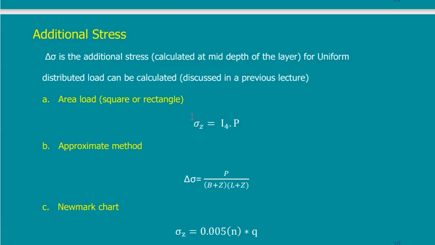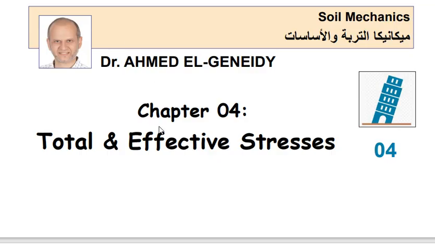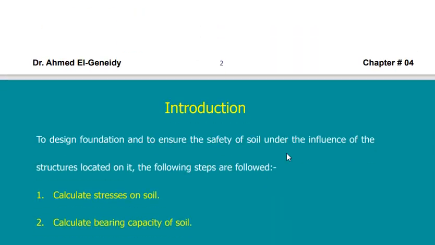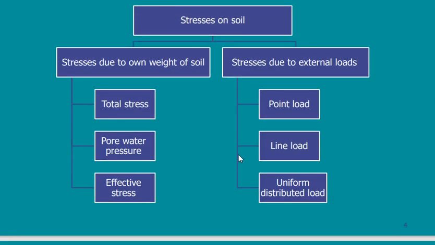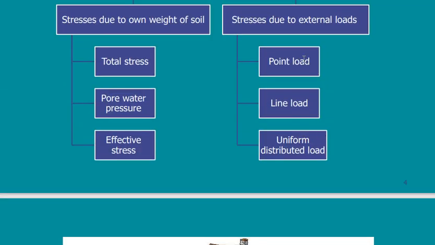You remember that in chapter 4, total and effective stress, we took many things in case of having a point load, a line load, a uniform load. If you remember, there was something called Newmark chart, and we used this Newmark chart to calculate additional stress inside the soil.